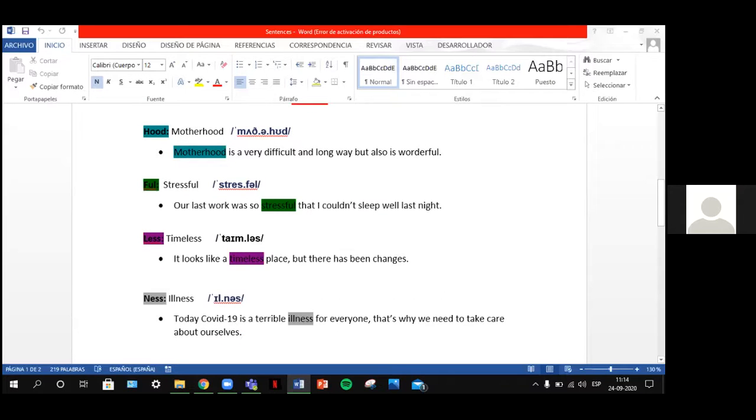Is there any other volunteer who would like to read? I'll do it. Thank you, Julian. The first word is motherhood. The sentence is, motherhood is a very difficult and long way, but also is wonderful. I have to read all of them, right? Danny? If you like, yes. Okay. I'm going to read the first three, okay?